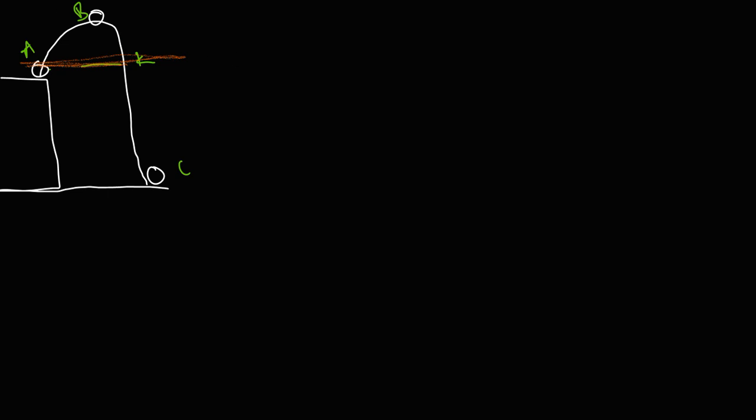Velocity y at A is equal to velocity y at K, because they're at the very same altitude, height above sea level. So the velocity here is the same as the velocity here.